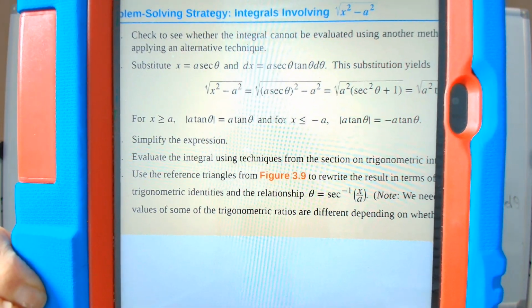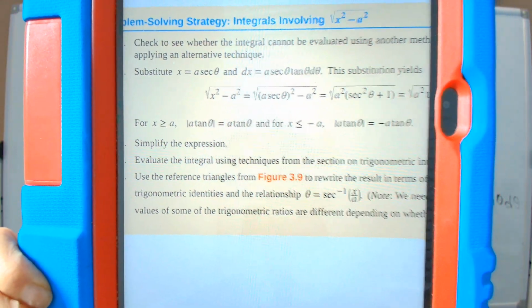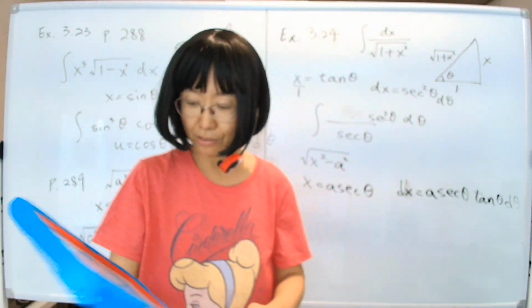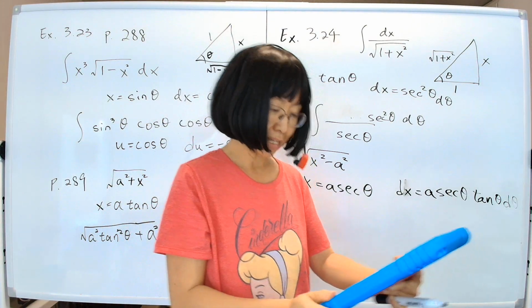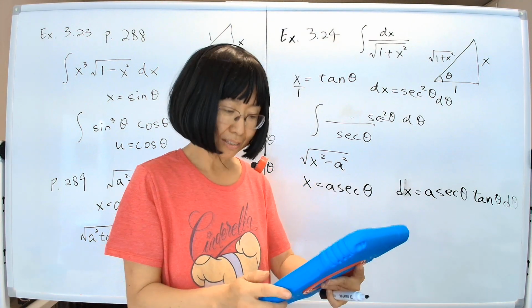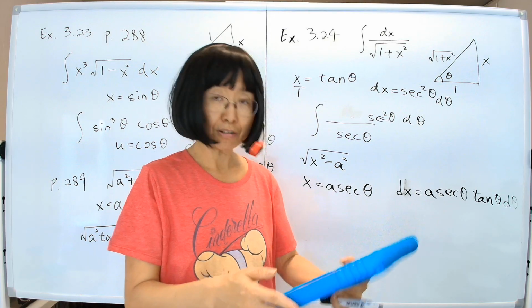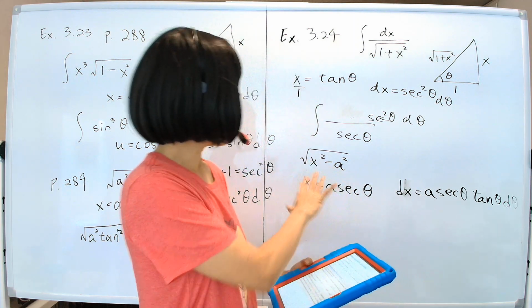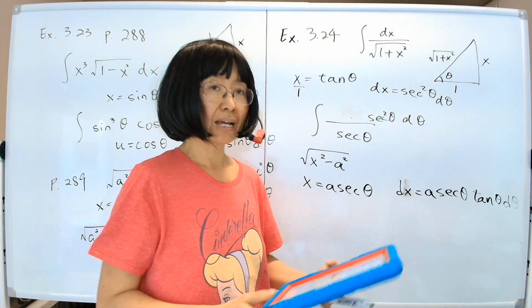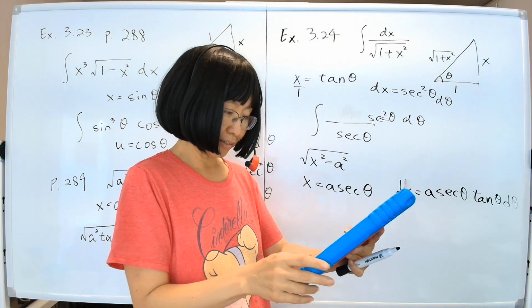But when x is less than negative a, you have to watch out: you have to slap a negative sign on the a tangent theta, as we mentioned earlier. However, the book doesn't seem to be that much of a stickler for that. Sometimes they mention it in the homework answers, sometimes they don't. So we will, for the most part, ignore that for now, because we're focusing on learning the skill, and we'll remember to slap on the negative sign in the future.